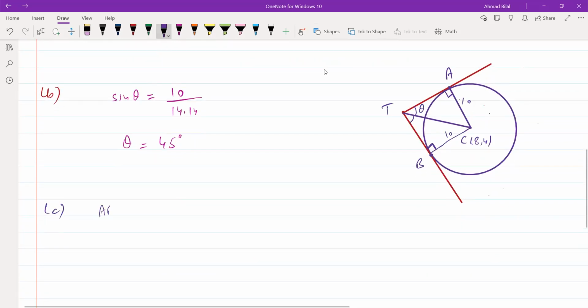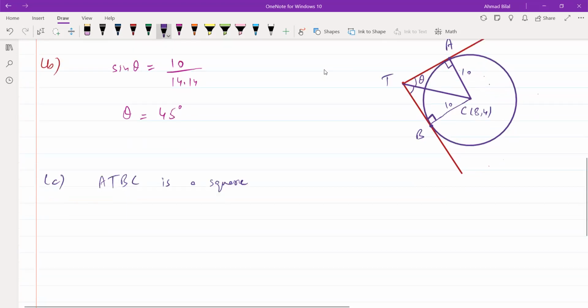So CATB is a square, by all angles are 90 degrees. All sides are equal.